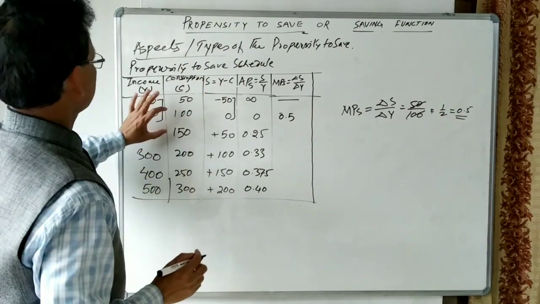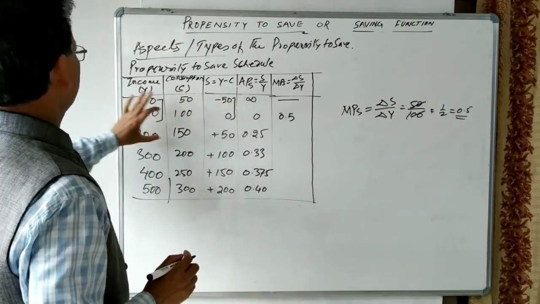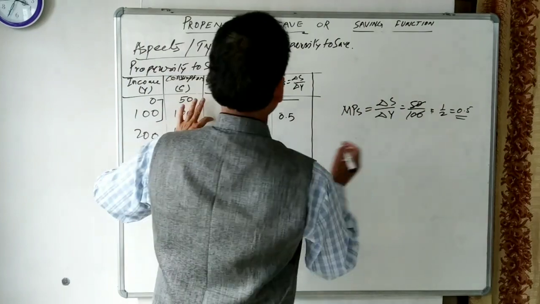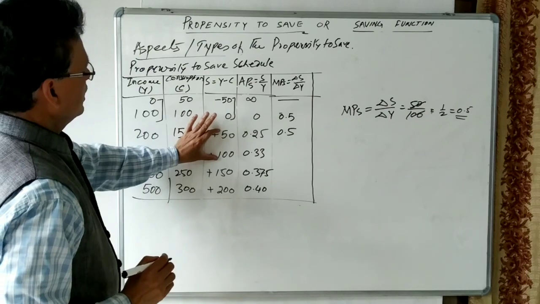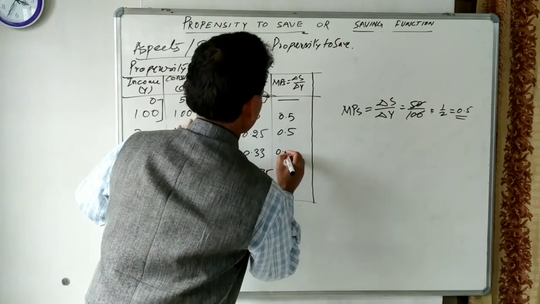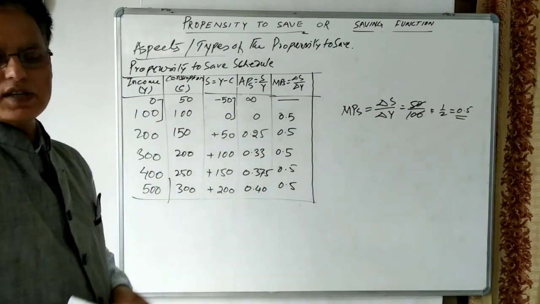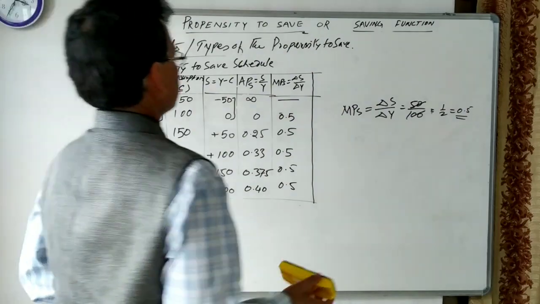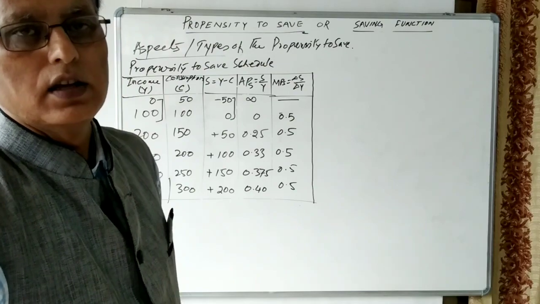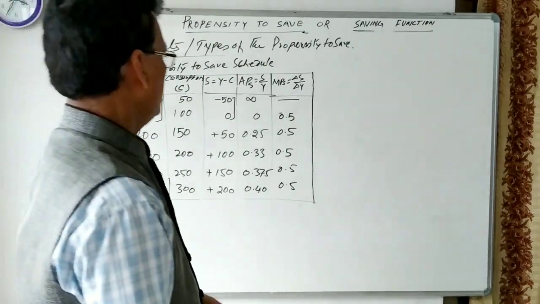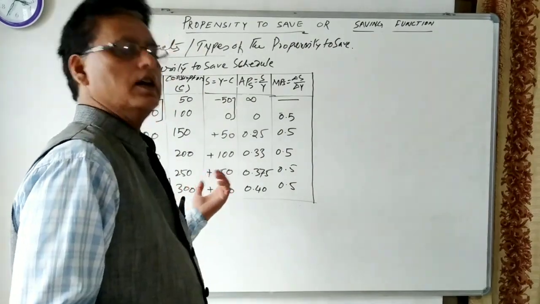Here also the change in saving is 50 and the change in income is 100, so again it will be 0.5. This shows that 50% of the increase in the income of the individual or economy goes for saving. It means 50% goes for consumption.